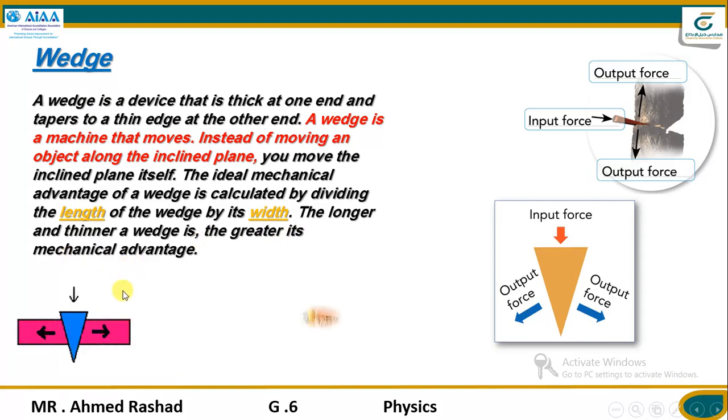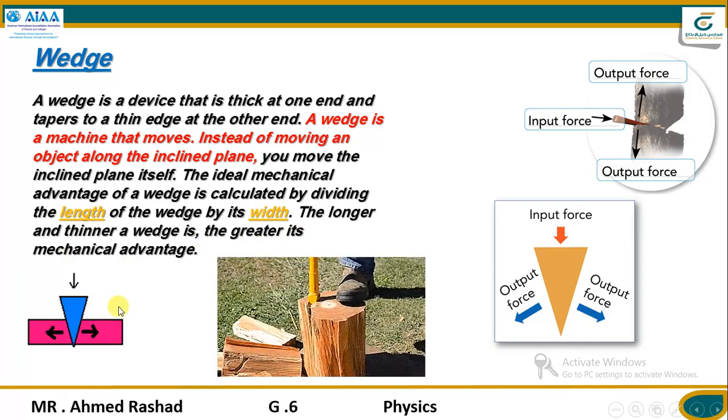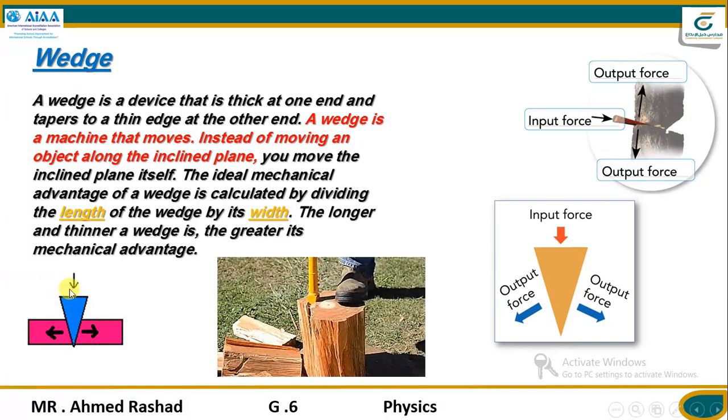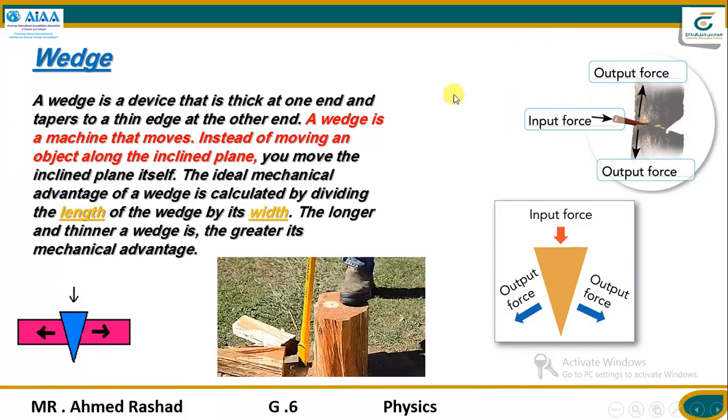Actually, this video describes or helps you imagine the wedge. A wedge is a device that lets you separate an object. It has two ends: number one thin and number two thick. So it has one side thin and one side thick. The input force is in this direction and the output force is in a different direction. You can see here the output force and the input force, and the relation between them.